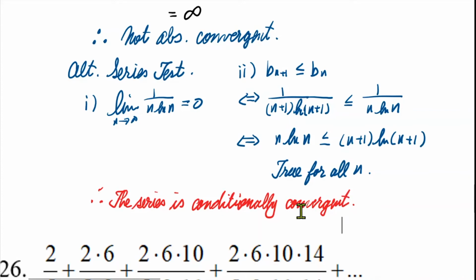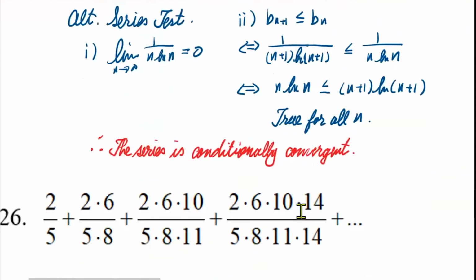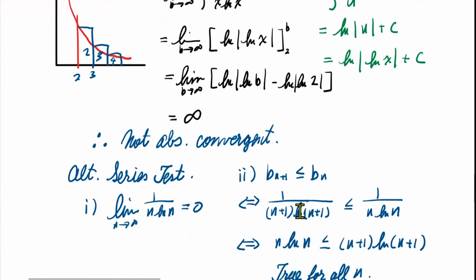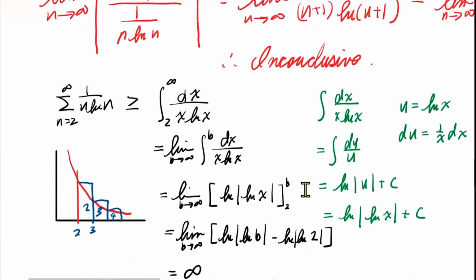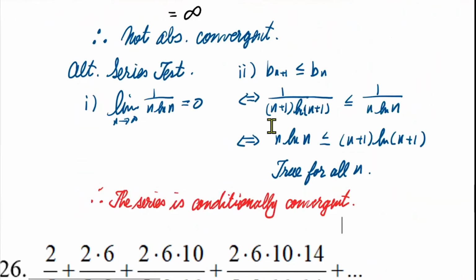Okay. Any questions before I go to 26? Yes. Sorry, we don't need to say for all n that's positive, right? Since we already assume n starts at 2. Yeah, we don't have to say. I mean, it's still true for all n, even if n is negative, though if n is negative, ln n just doesn't exist.